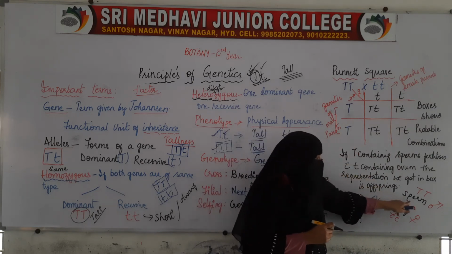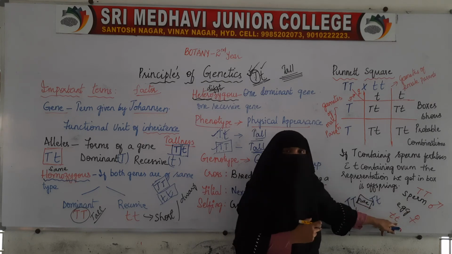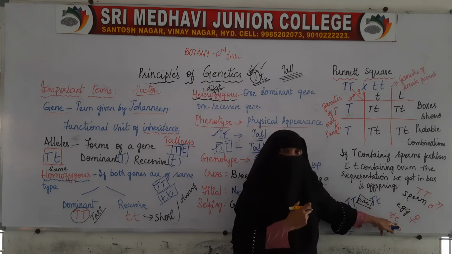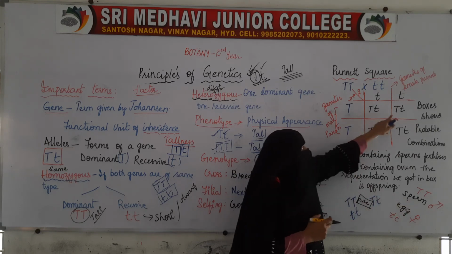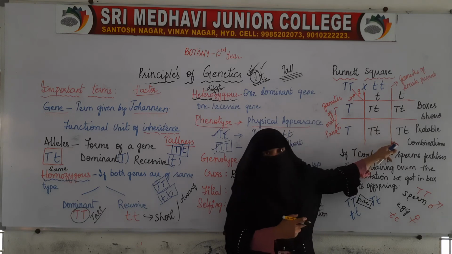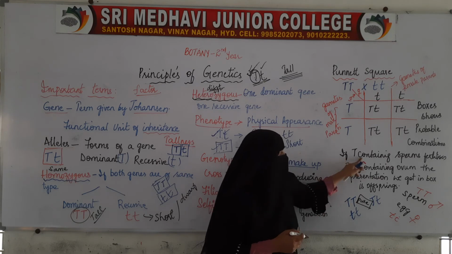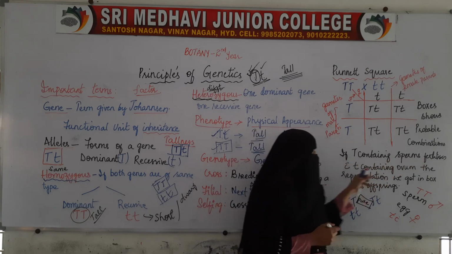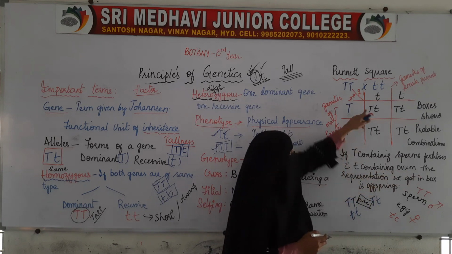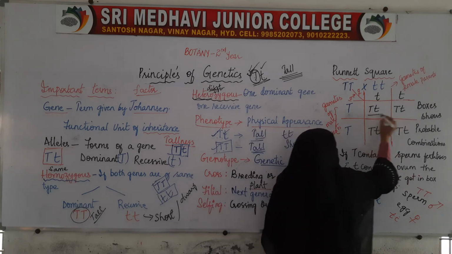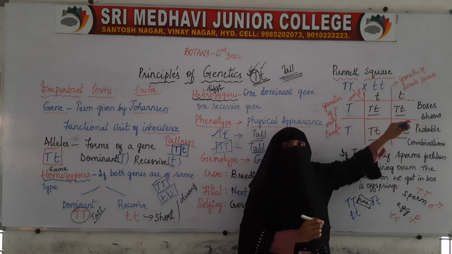So when there is a cross between the sperm of a male and the egg of a female, we get 4 probable offsprings. If a T-containing sperm fertilizes a small t-containing ovum, the representation we get in the box is nothing but the offsprings.